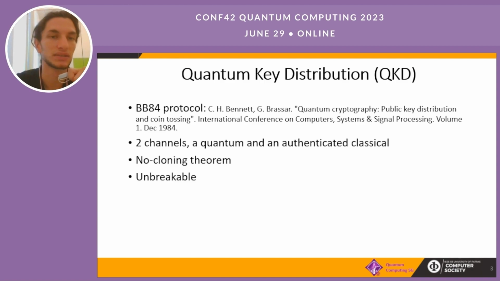First, the existence of an authenticated public classical channel, and second and more important, the no cloning theorem that states that unlike classical computing, in quantum it is impossible to copy a quantum state. It is a quantum property that information gain is only possible at the expense of disturbing the signal.